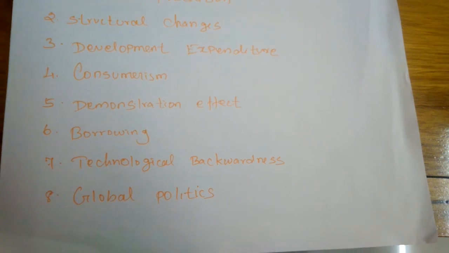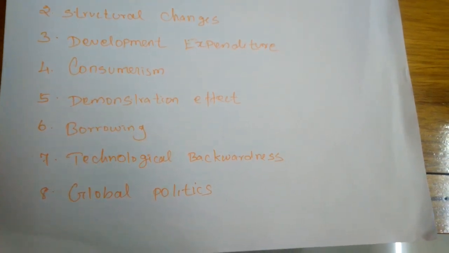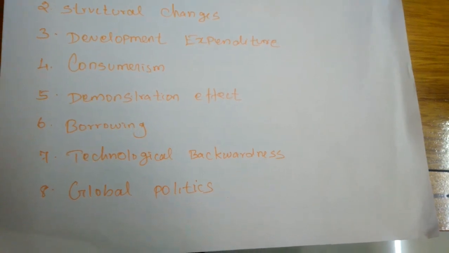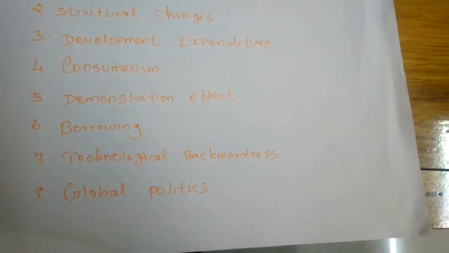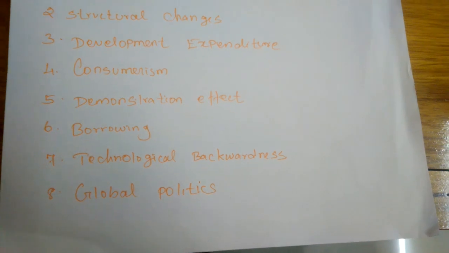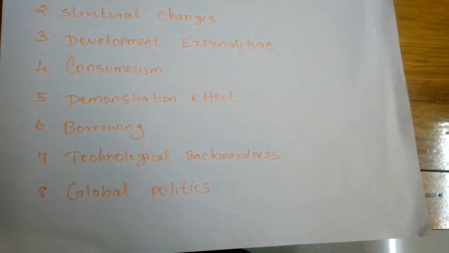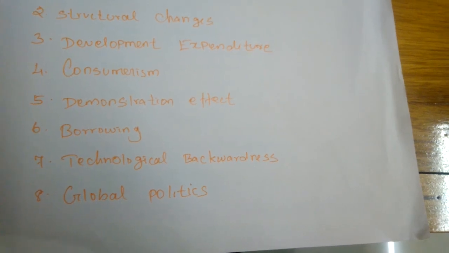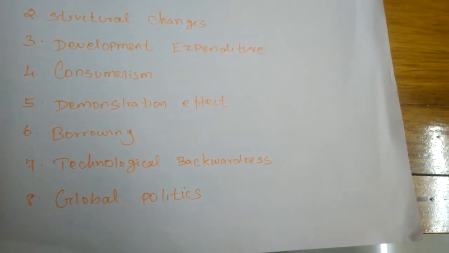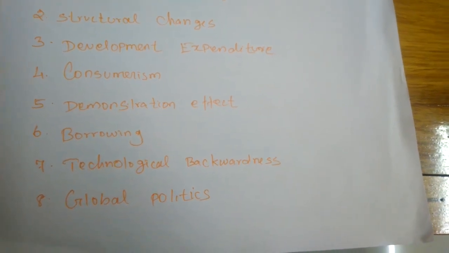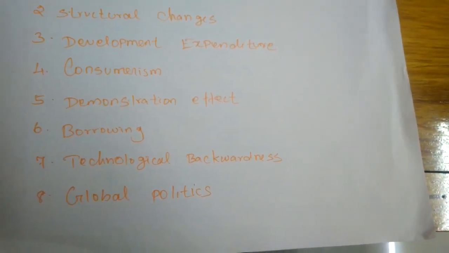But within a particular time, we have to pay back the borrowed money with the rate of interest. If at the time of repayment we are not able to repay the money with interest, we will need to import from other countries, and our balance of payments system will also be very weak.